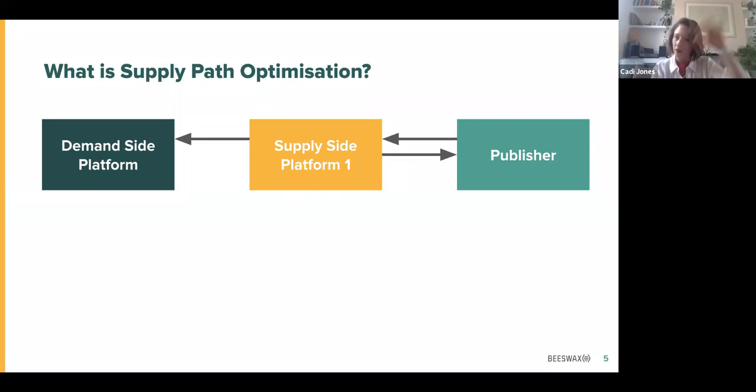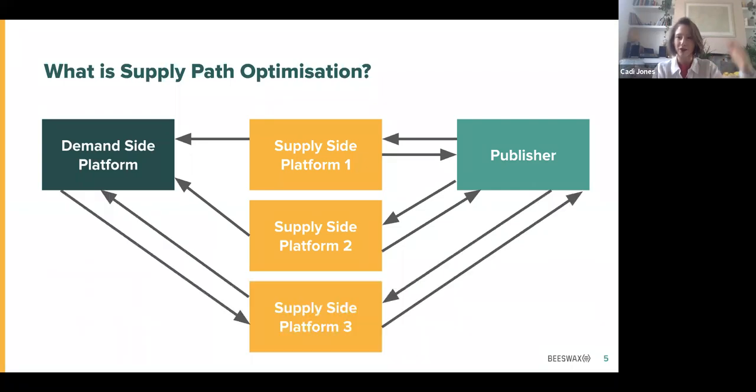If the DSP that they were connected to didn't bid at a level that met that floor, then the publisher would pass that bid request to the second SSP and so on through a chain. But at most, you'd really only see 3, perhaps 4 SSP partners at play. The majority of the impressions would really be filled by the first supply side platform, and all of the SSPs would vie for that premier first look at the supply.